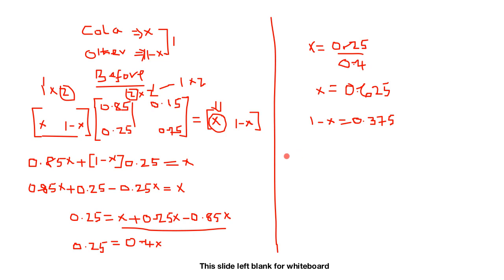So we can now state that the equilibrium state proportion before advertising is 0.625 and 0.375.